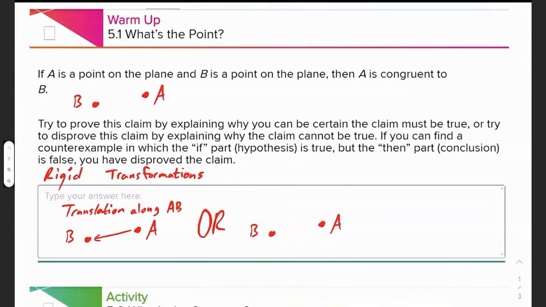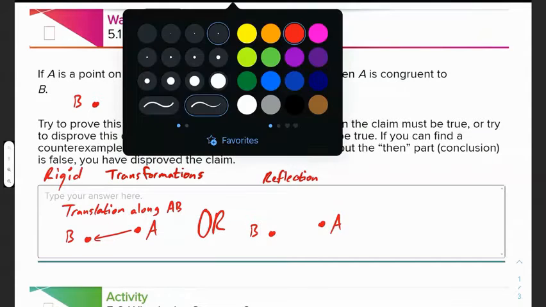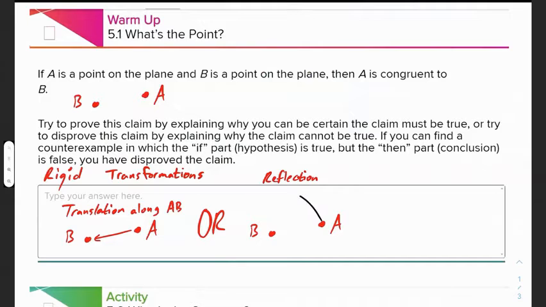Or we could have also done a reflection. If you want to do a reflection perfectly, you would need to think about the compass tool, and we've done this back in the day.